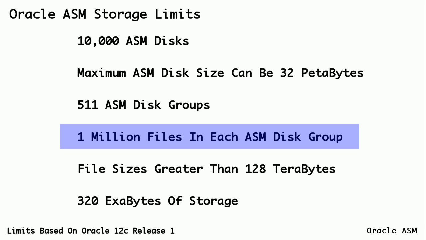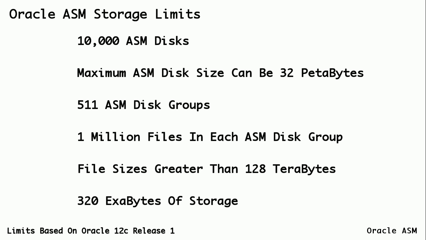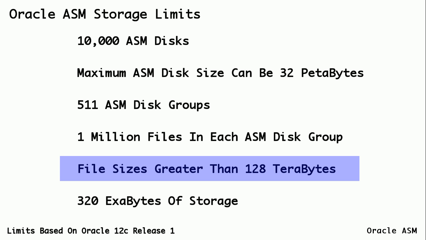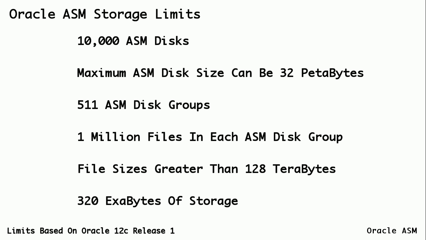Oracle ASM supports up to 1 million ASM files in each ASM disk group. Oracle ASM supports ASM files greater than 128 TB in size. Oracle ASM supports up to 320 exabytes of storage.